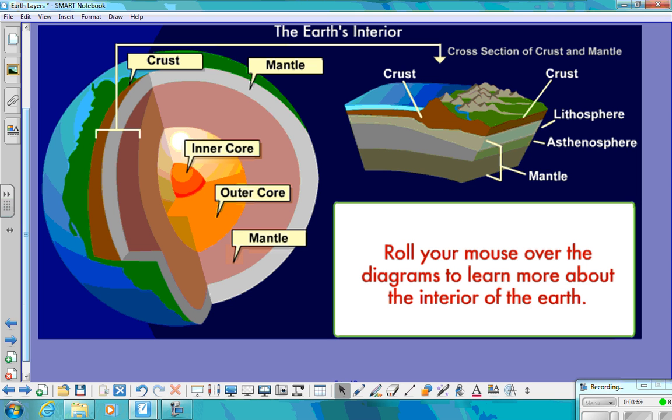If you take a look up at the top here in the right-hand corner, it's broken up the crust. We have oceanic crust here, continental crust here. Then we have the lithosphere again, that's where our tectonic plates lie, the asthenosphere, and then all of this is concluded as our mantle. We have an upper mantle and lower mantle.